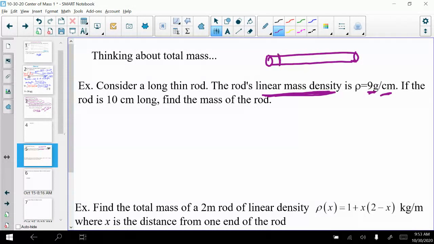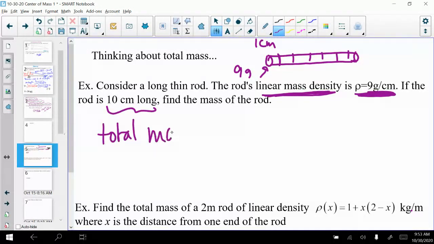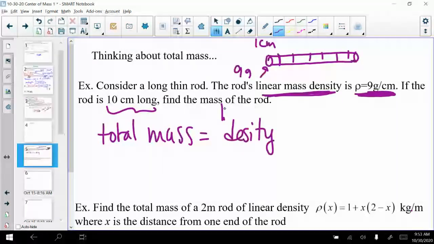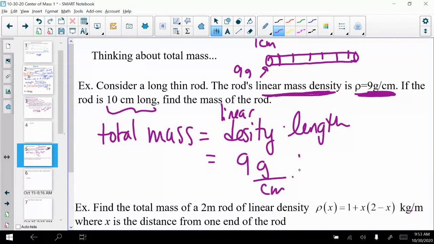So that means if I have 1 centimeter, then I know that that weighs 9 grams. Now this is a constant density, right? Each one of these is going to have the same density. So if the rod is a total of 10 centimeters long, our total mass is just our linear density times our length, which is 9 grams per centimeter times 10 centimeters, and we get a mass of 90 grams.